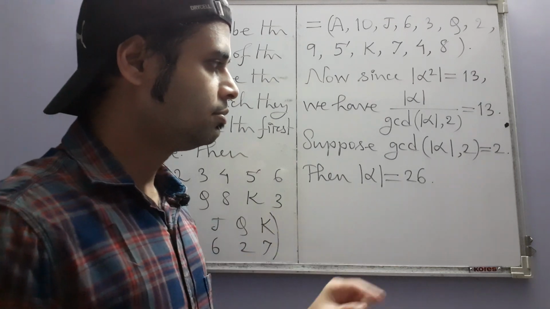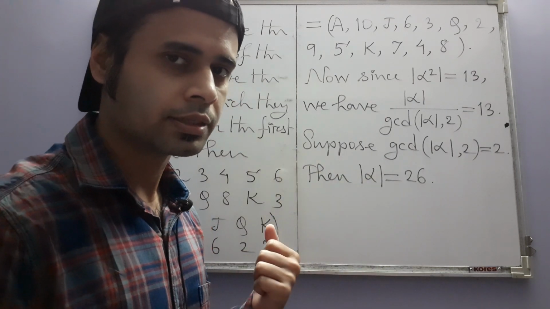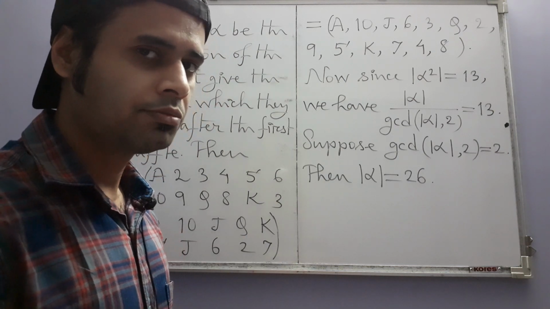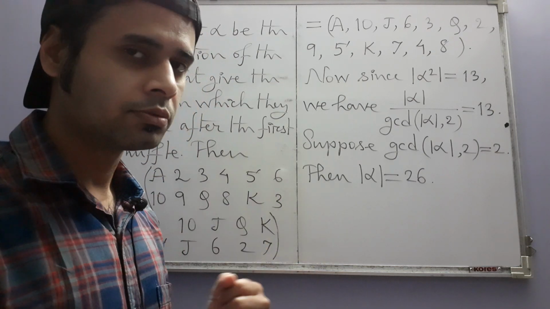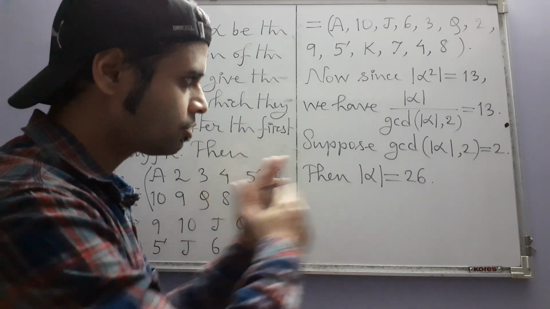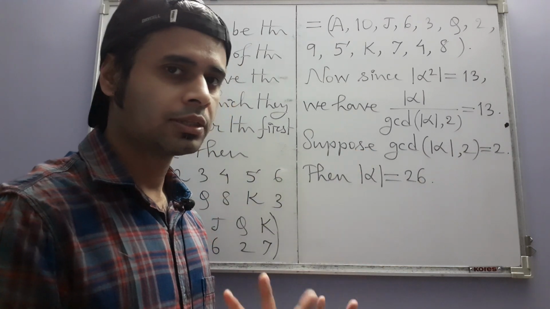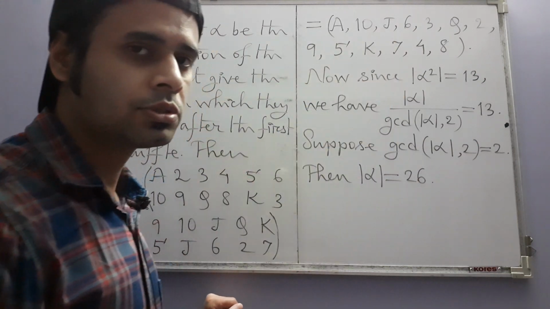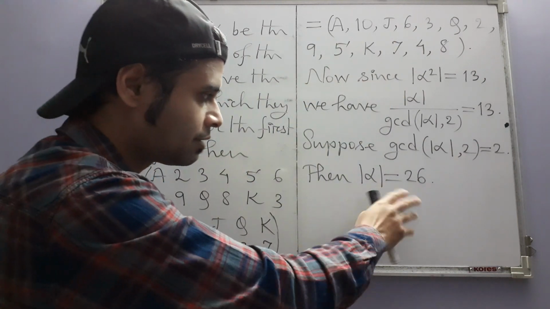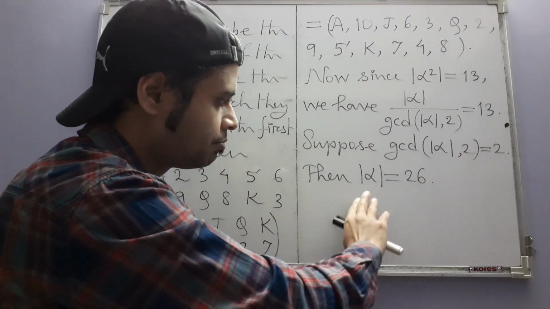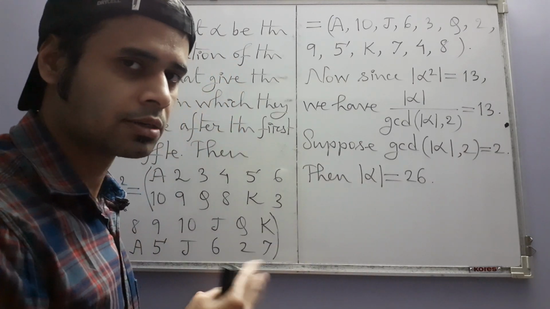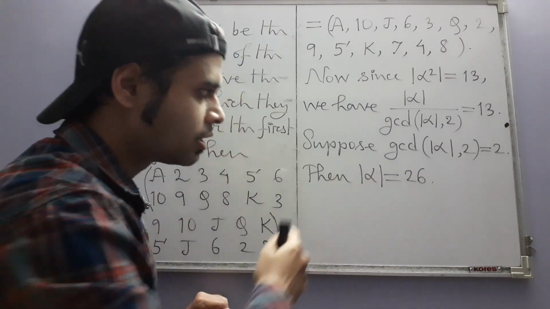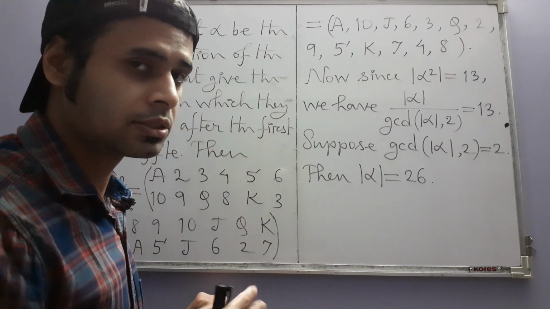So that gives you 13 in the LCM, but additionally you need a 2 also, and that will come from at least one 2 cycle which should be disjoint with this 13 cycle, but that cannot be found because all the symbols have been used up in this 13 cycle. I mean, whatever 13 cycle may appear in the factorization of alpha as a product of disjoint cycles. So that is why this order cannot be achieved, it's unachievable.